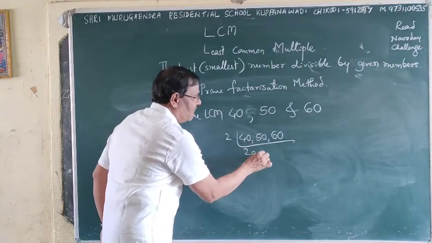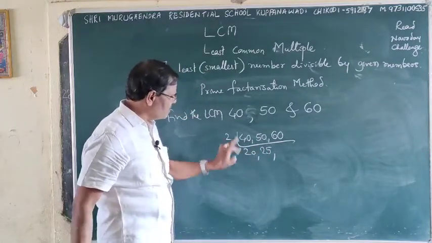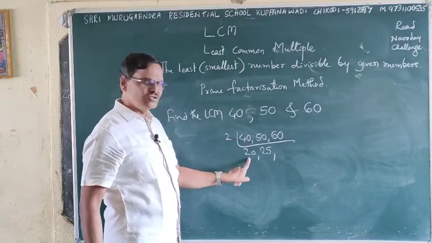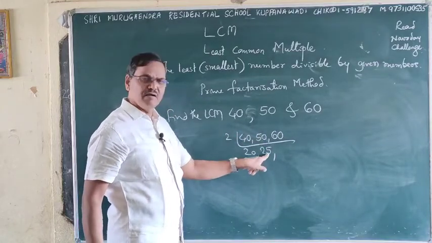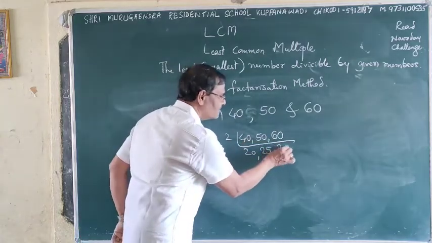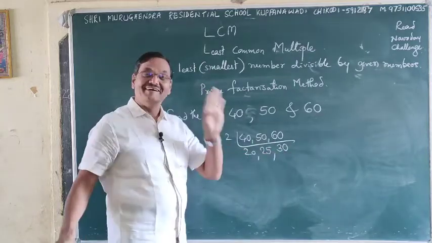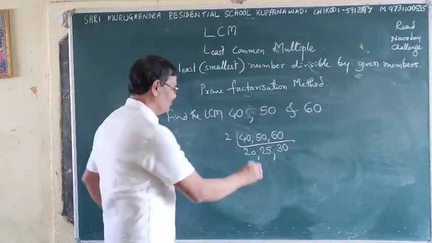Two 20s are 40, and 50 percent you have to write. 40's half is 20, 50's half is 25, and 60's half is 30. Okay, it is divided by 2.